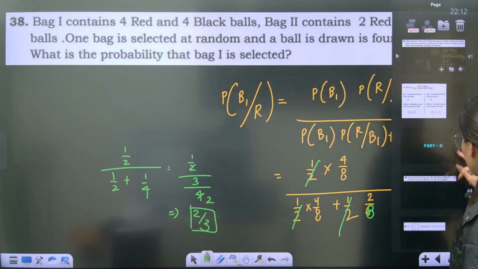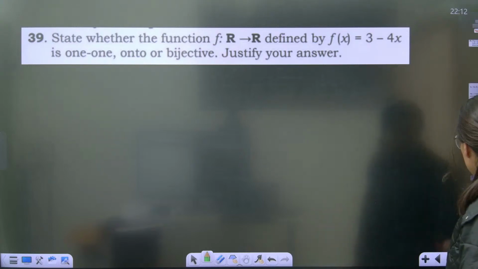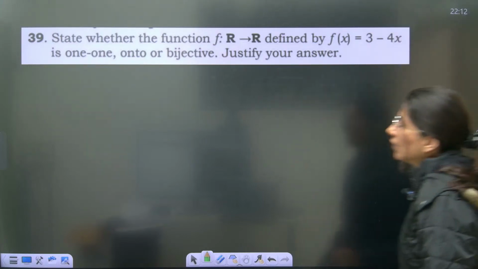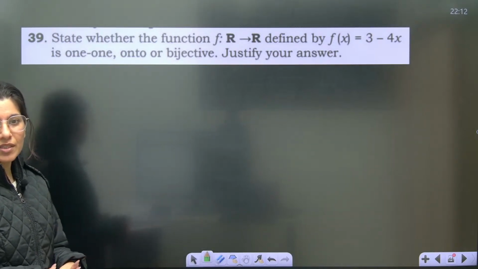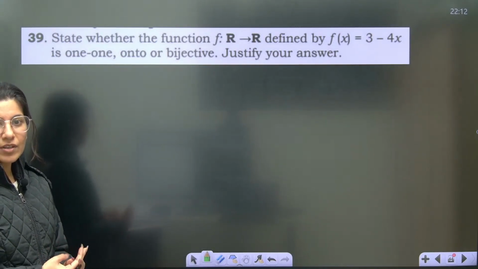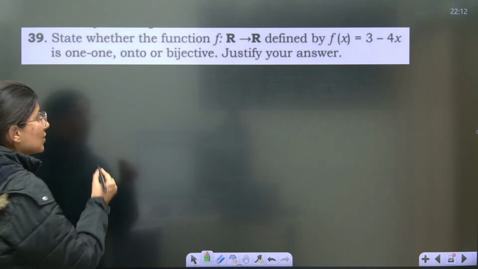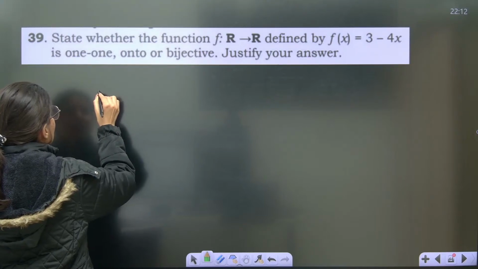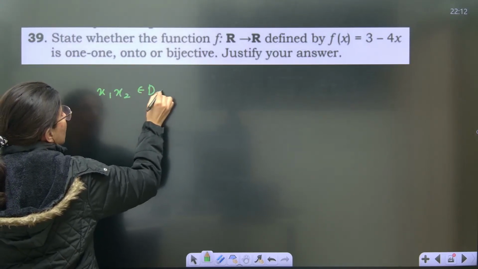Okay. So now the next question appears, which is from part D. Part D says that f(x) = 3 minus 4x is one-one and onto, or bijective. We have to justify. So first of all, prove that the function is one-one. To prove that the function is one-one, let's take x1 and x2 which belong to the domain of f.